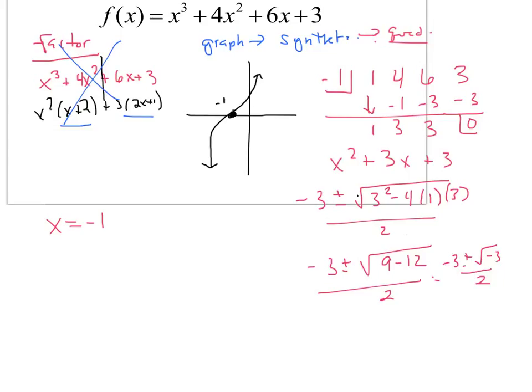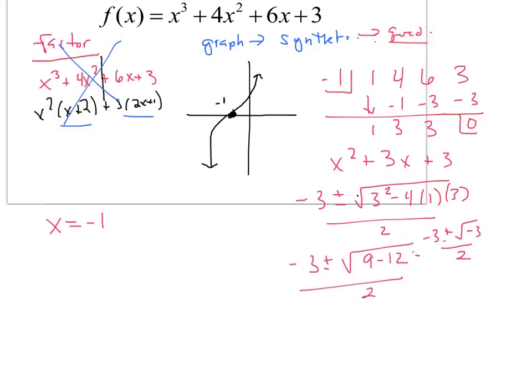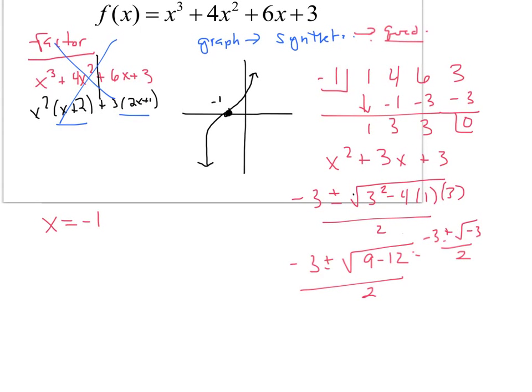Well, how do I work with that? I'm going to simplify it: -3 plus or minus i root 3, all over 2.